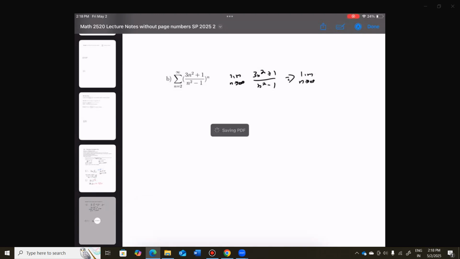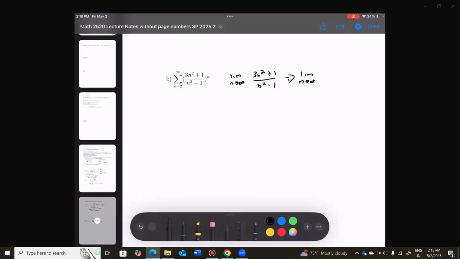We get 3 plus 1 over n squared over 1 minus 1 over n squared. As n goes to infinity, this goes to 3. So this limit then is now 3 to the n, which is going to go to infinity. So the series diverges.